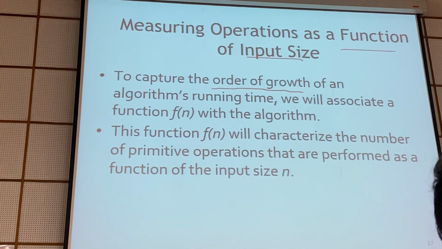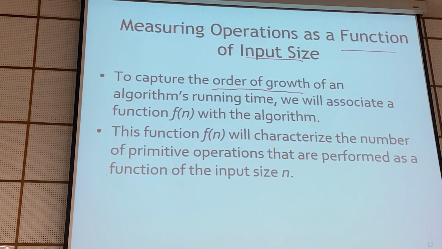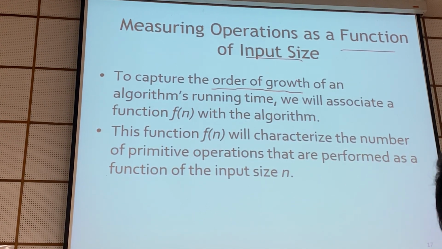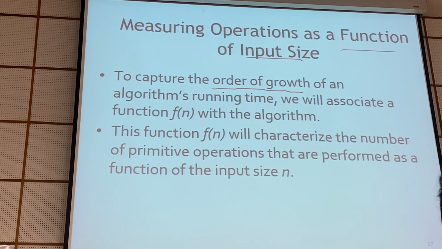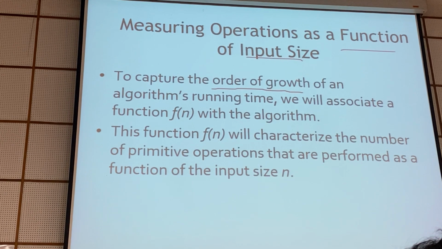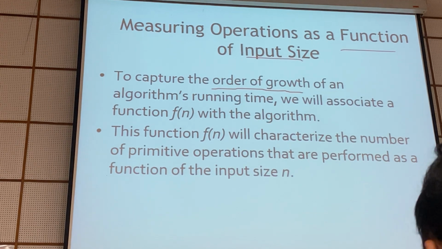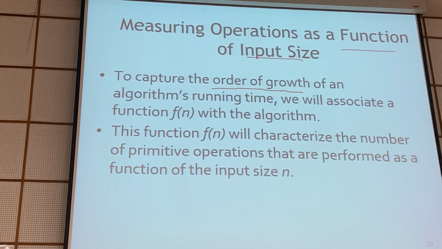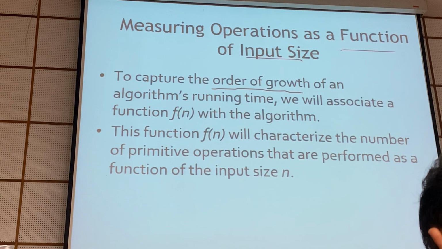Order of growth. What do you understand by the word order of growth? Growth is what? Growth. 10 years old? Are you guys like this? Small, tiny. Now you're already tall. Growth. Size. Increase.